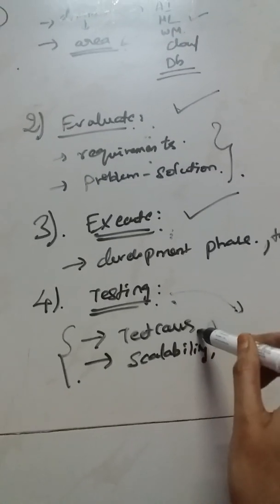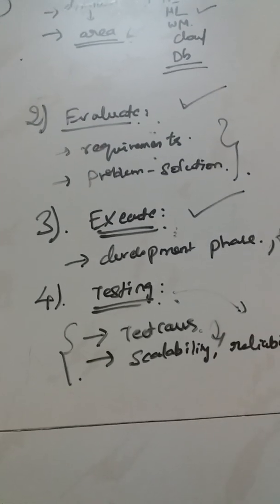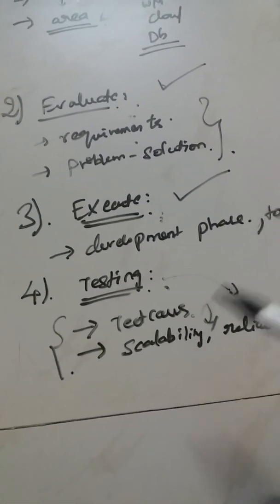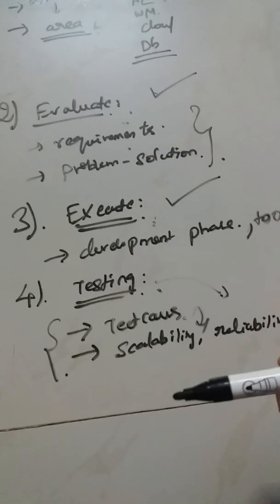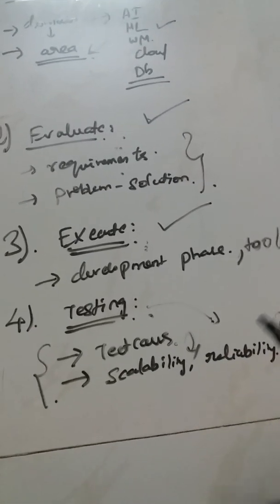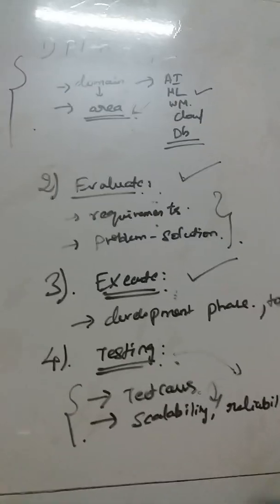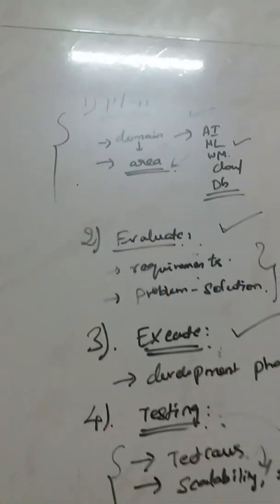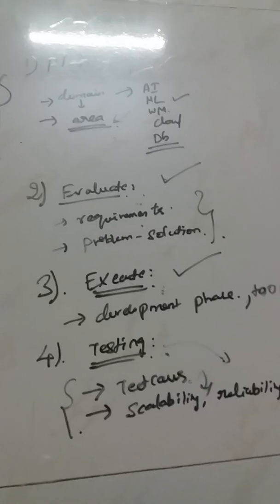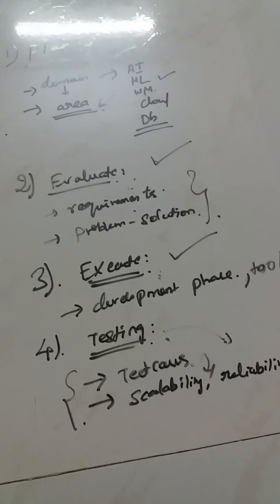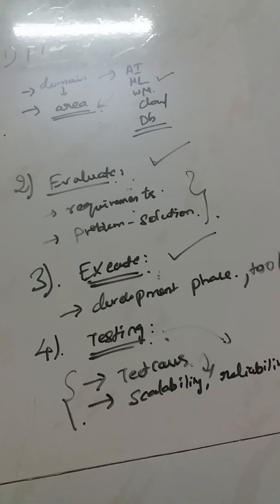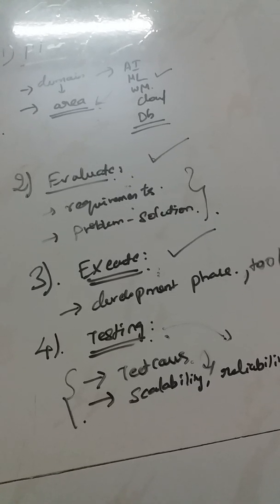In the testing phase, you test your application with different kinds of test cases, and how it is going to solve the problem of scalability, like n number of users. I have just covered only the overview of a project. I hope you understand and get some idea for developing a project.